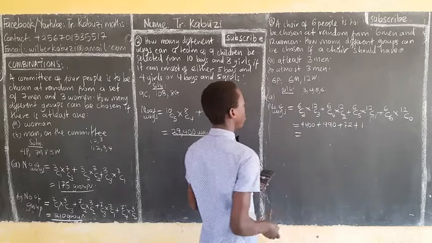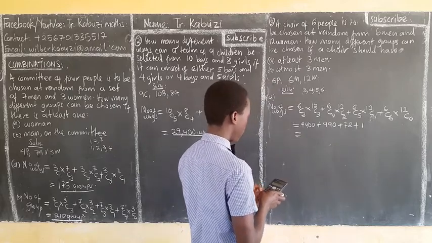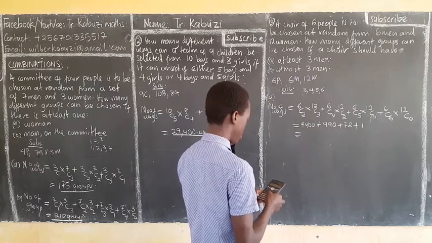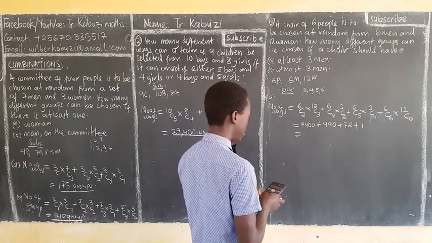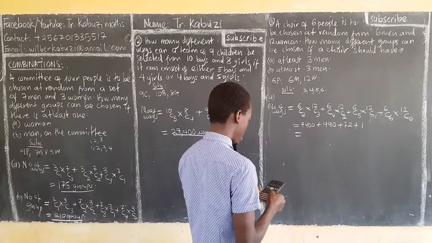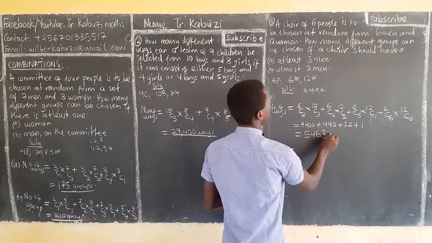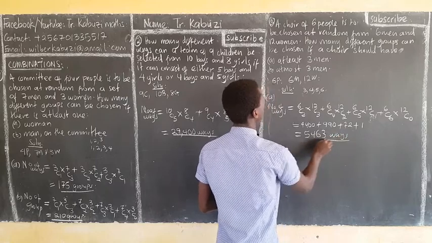And when you add all those ones, we have 4400, then plus 90, then plus 72, plus 1.